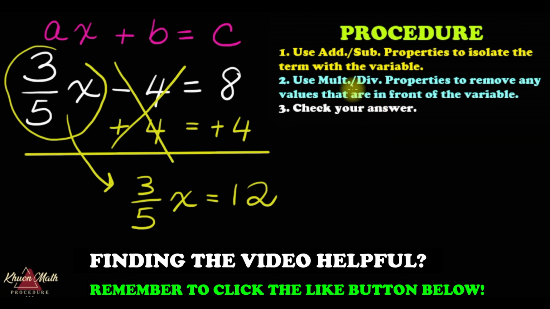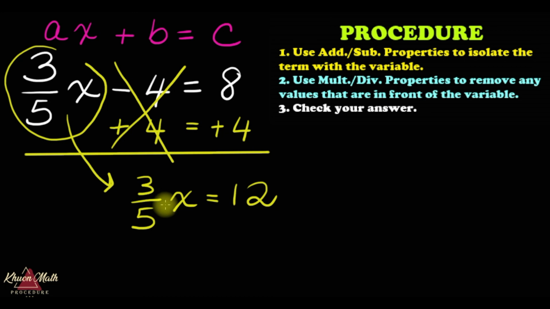Step 2 is to use multiplication or division property to remove any values that are in front of the variable. So we have a 3/5, so we have multiplied by 3/5. To make the 3/5 go away, you divide, because you do the opposite of multiply. So you divide by 3/5.